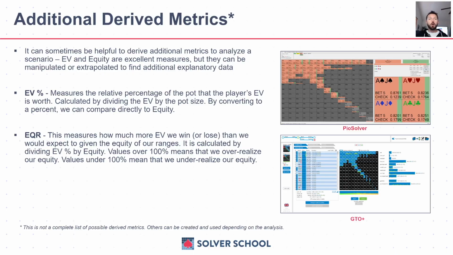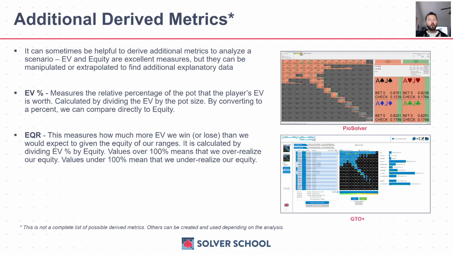And what we'll see here when looking through the outputs is that equity realization is going to correlate heavily with the aggressive actions that a certain player can and will take in solver outputs. Values of over 100%, and especially as they move further and further away from 100% and get higher and higher, are going to correlate with more aggressive actions for an overall range.